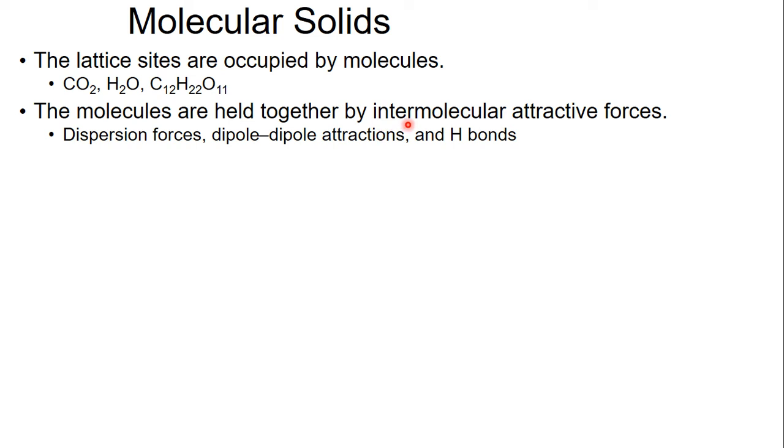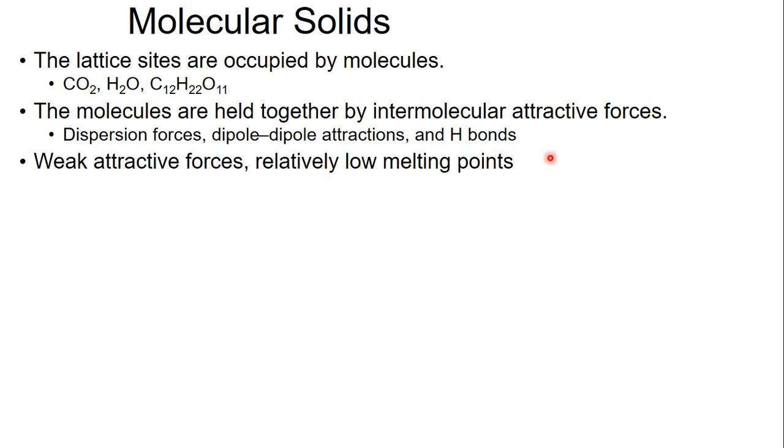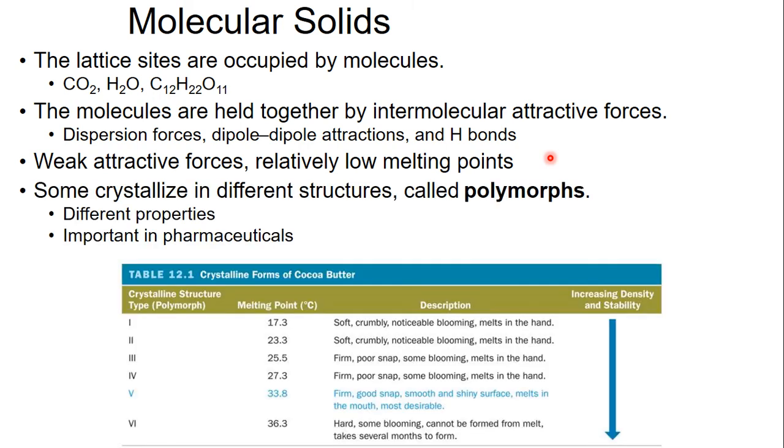Remember, the word inter means different molecules. And these forces could be dispersion forces, dipole-dipole, or like in the case of water, hydrogen bonds, right? Since these are just attractive forces, these are weak forces, and so these solids aren't strongly held together, so they have relatively low melting points.